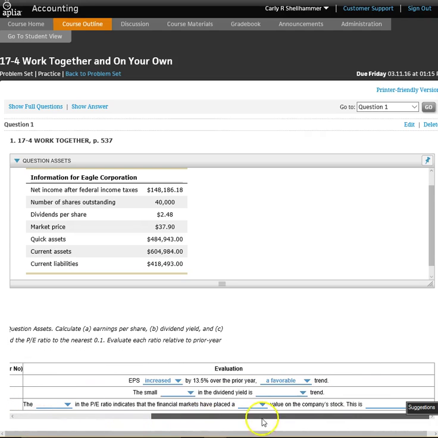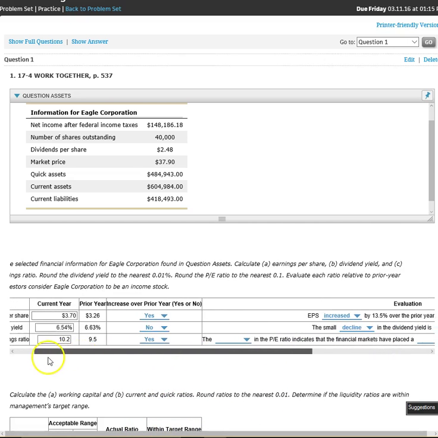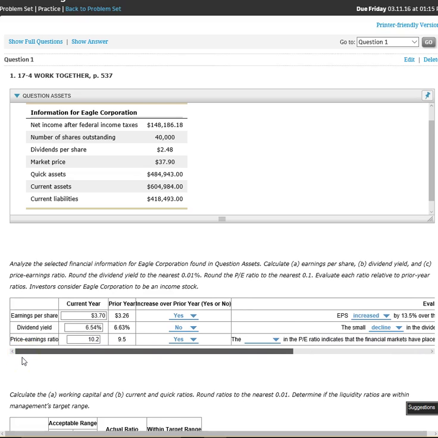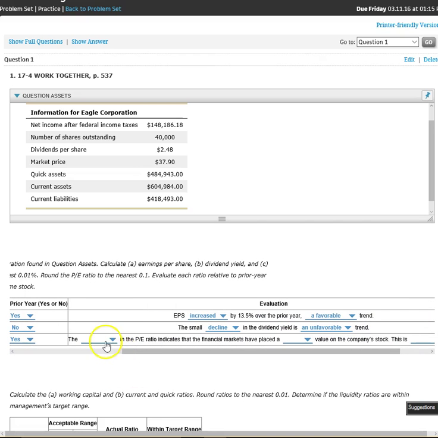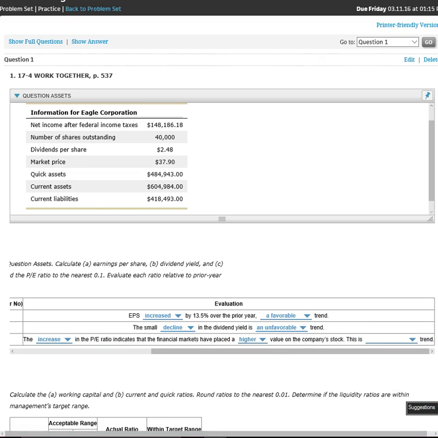The dividend yield was not an increase, so a small decline in the dividend yield is an unfavorable trend. Okay, what happened with the P/E ratio? Oh, over here, sorry. Price to earnings ratio did increase. So the increase in the P/E ratio indicates that the financial markets have placed a higher value on the company's stock. Okay, this is a favorable trend.